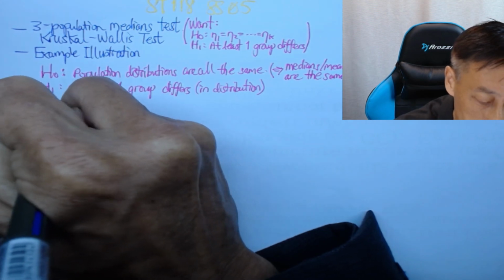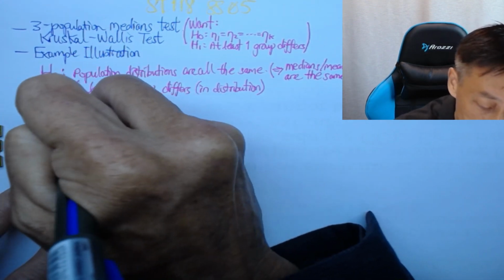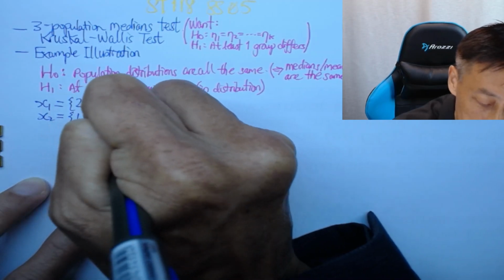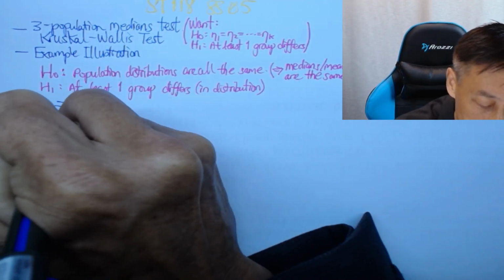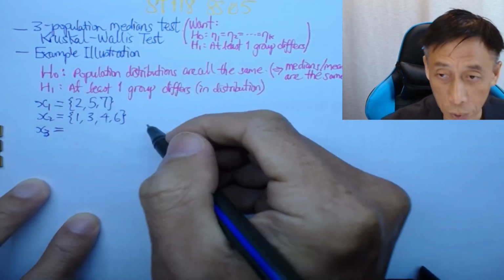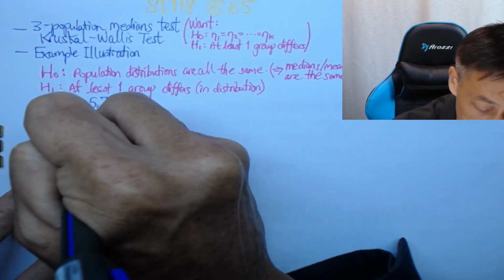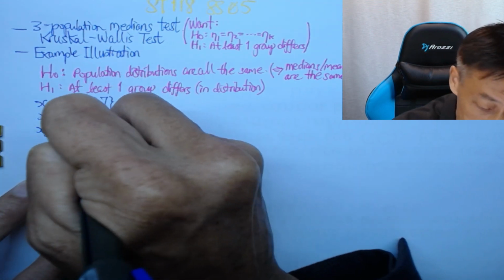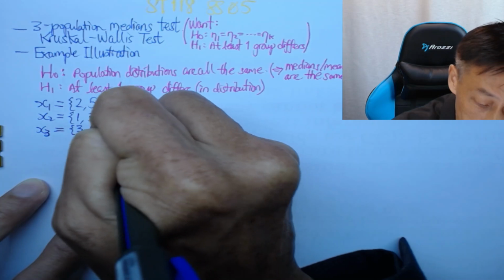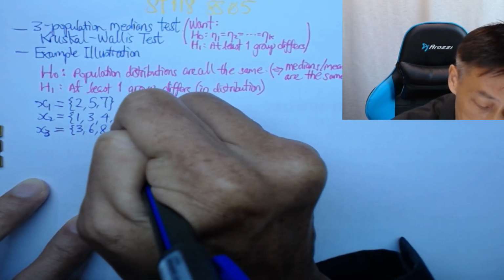Sample 2 can be 1, 3, 4, and 6. Sample 3, because we need to have three or more groups, so this is the least I need to go in order to illustrate the Kruskal-Wallis test.